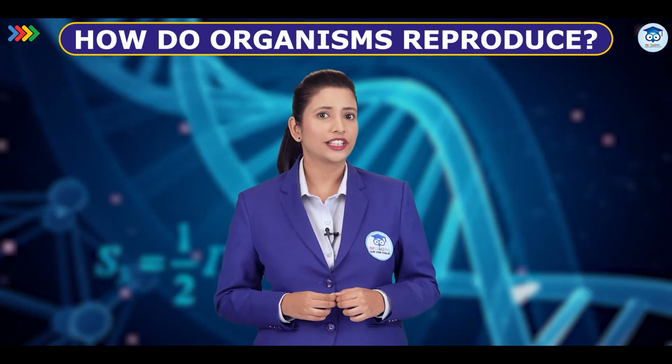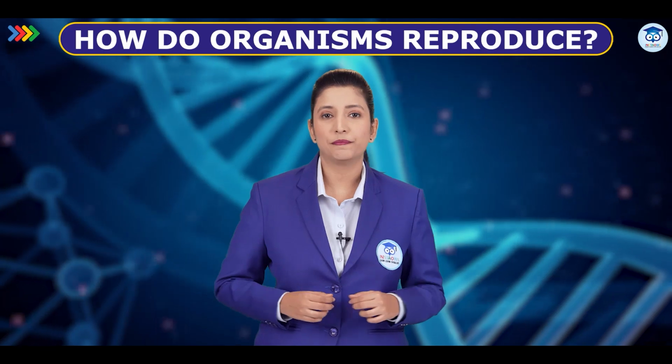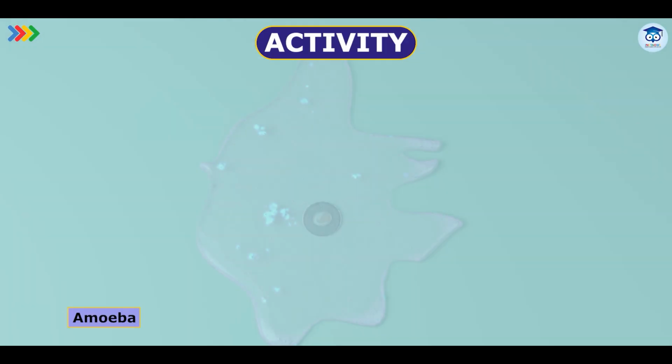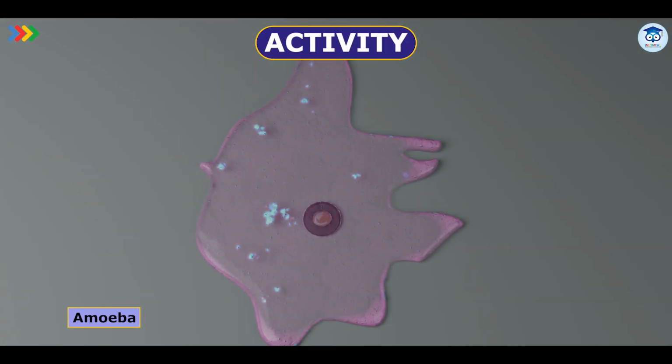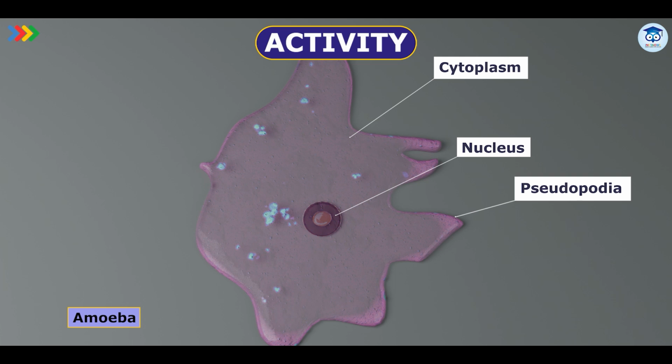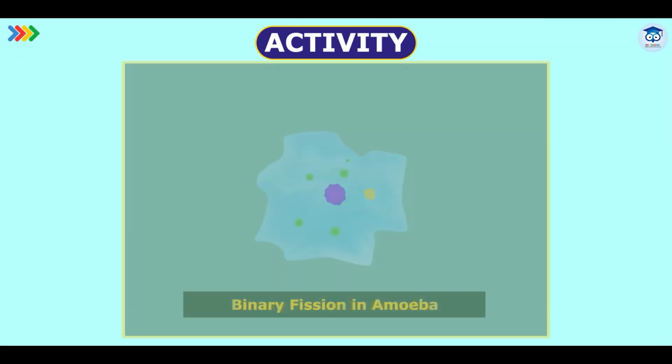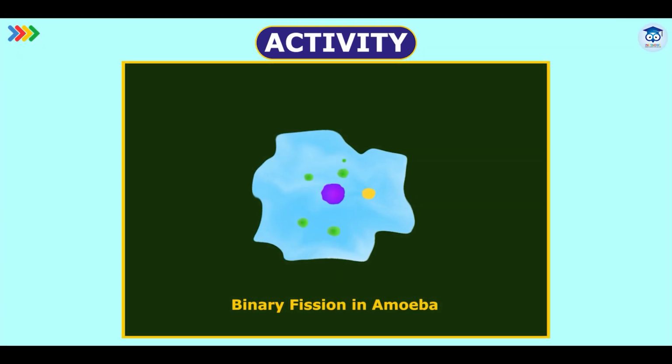Now, let's look at this activity to understand binary fission in depth. First, take a look at a permanent slide of amoeba under the microscope. What do you notice? You'll see a single irregular shaped cell with a clear nucleus. That's how an amoeba usually looks. Now, observe another slide, this time of amoeba during binary fission.